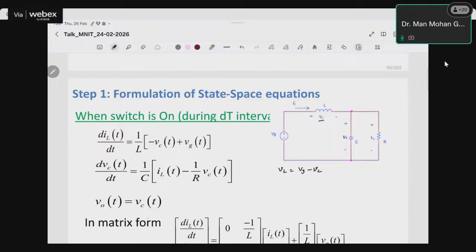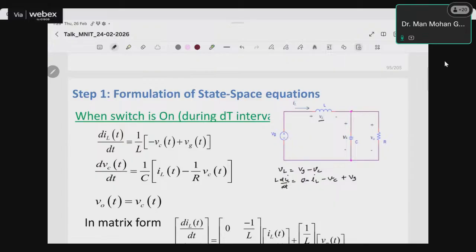One more thing: when we write these equations, we arrange them in such a way that on the left-hand side we have just the differentiation of a state variable, and on the right side we write in sequence. What is the coefficient of IL here? 0, right? So minus VC plus VG.